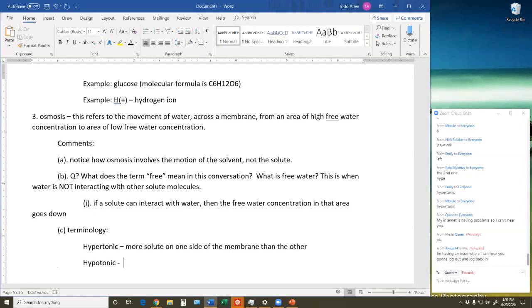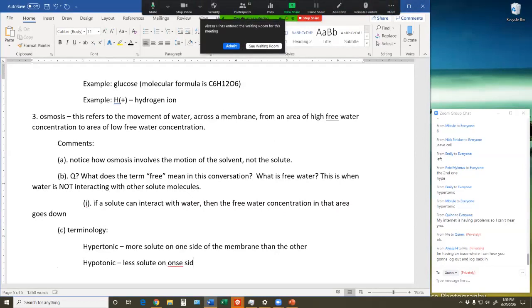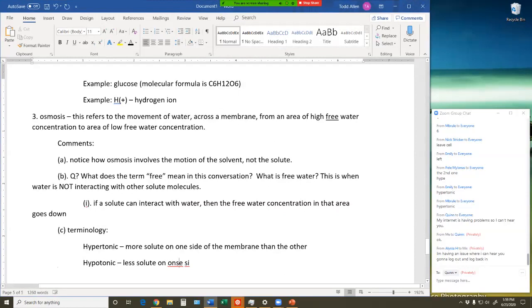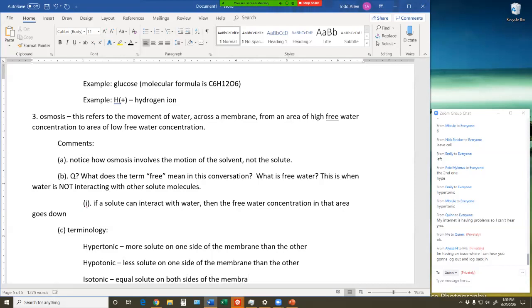Hypotonic means there's less solute on one side of the membrane than the other. And isotonic means there is equal solute on both sides of the membrane.